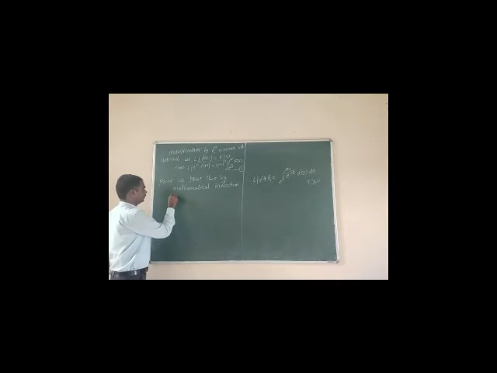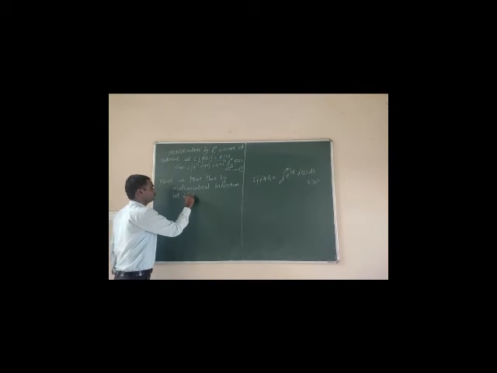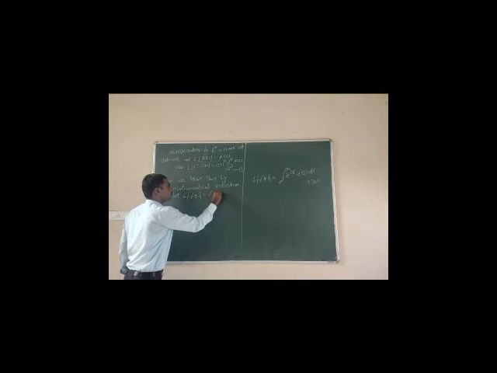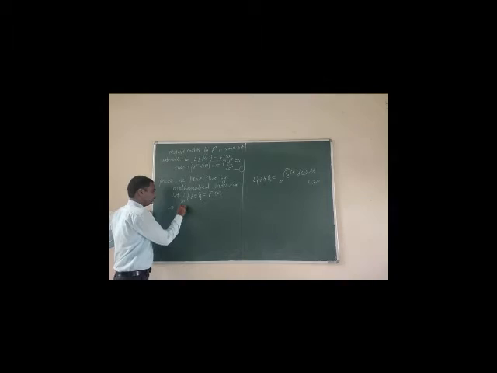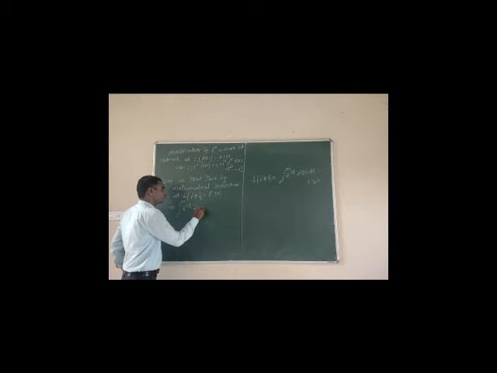We have given here, let Laplace of f of t is equal to F of s. This is given. This implies, by using the definition, integration from 0 to infinity e to the power minus st into f of t dt.